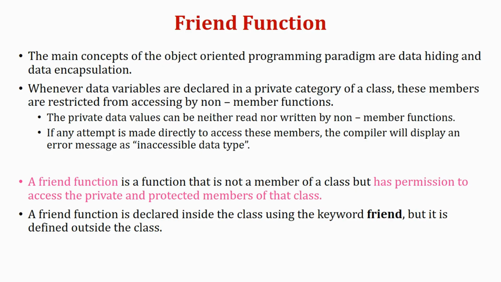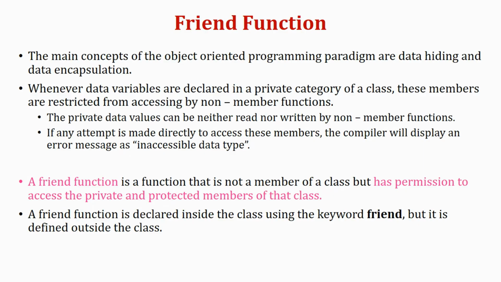The main concepts of the object-oriented programming paradigm are data hiding and data encapsulation. Everyone knows the data encapsulation concept. Whenever data variables are declared in the private category of a class, these members are restricted from access by non-member functions.